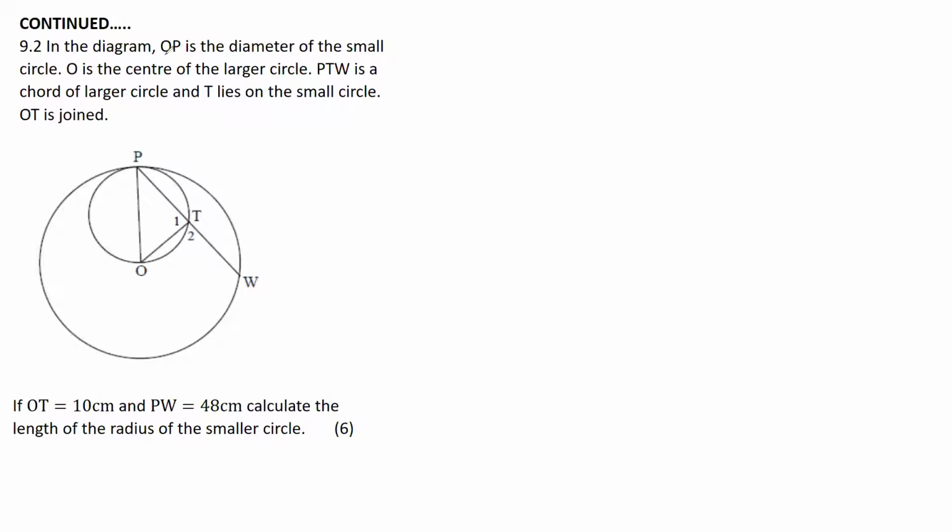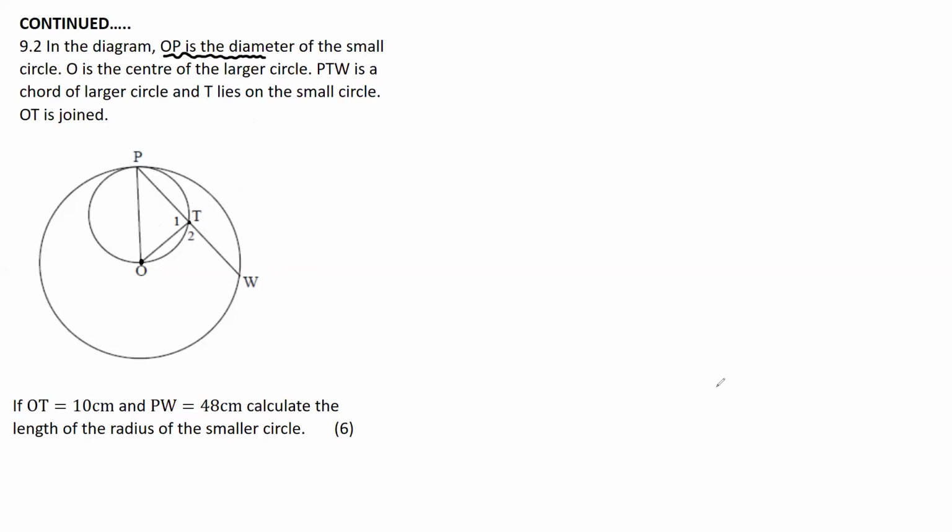In the diagram, OP is the diameter of the smaller circle. O is the center of the larger one. PTW is a chord of the larger circle. And T lies on the small circle.